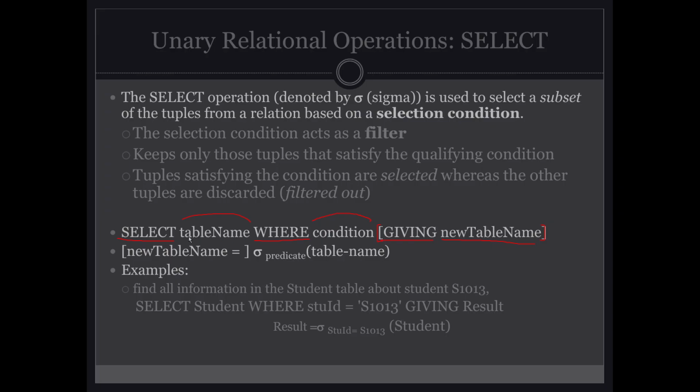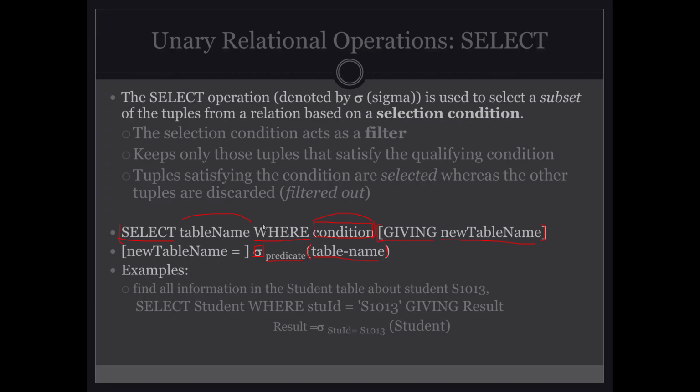So I don't have to write this. The important part is select table name where condition. Similarly, for the mathematical notation, you have sigma, and this just means select, okay? In the subscript down here, you have to make it a little lower, and like smaller text, let's say. You're gonna write the predicate, which is just the condition, same thing, okay? Then you're gonna put parentheses and the name of the original table that you're operating on.